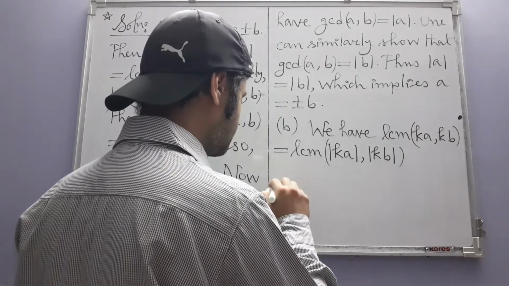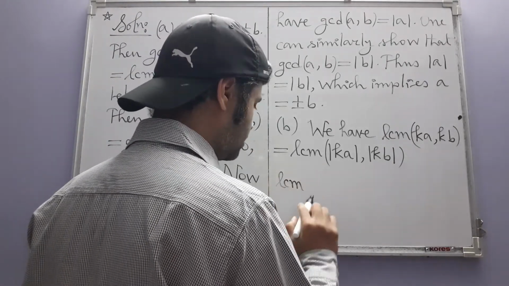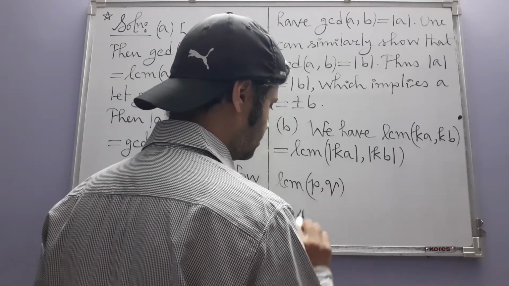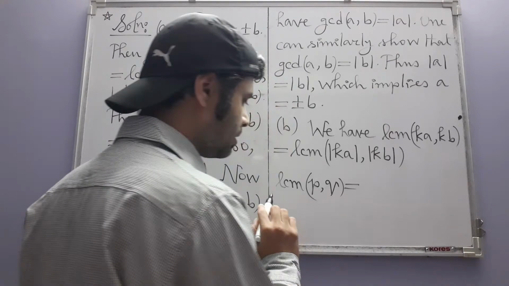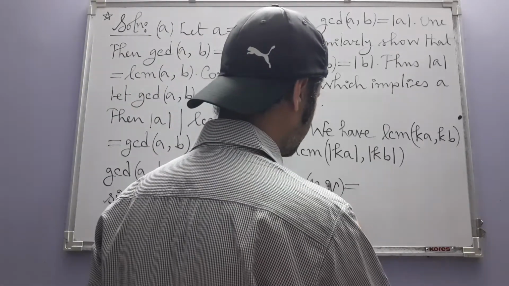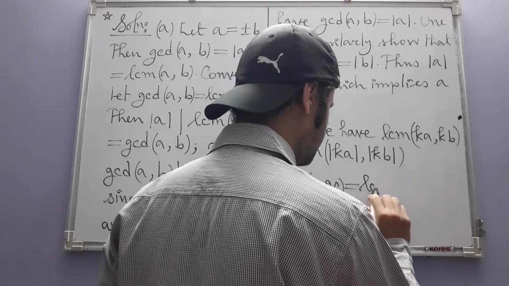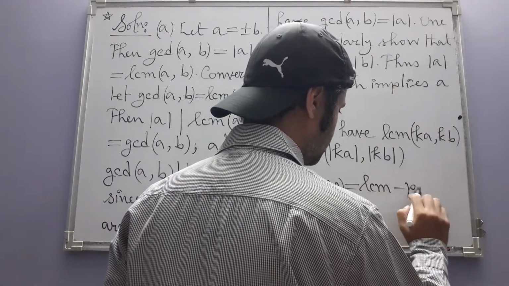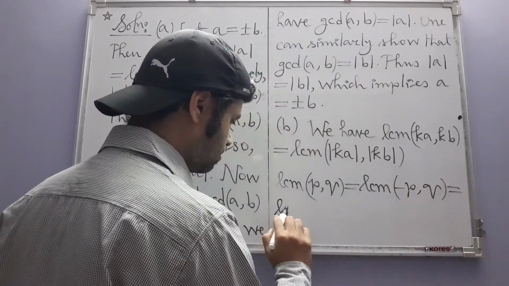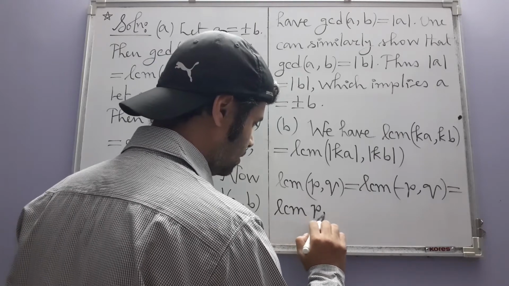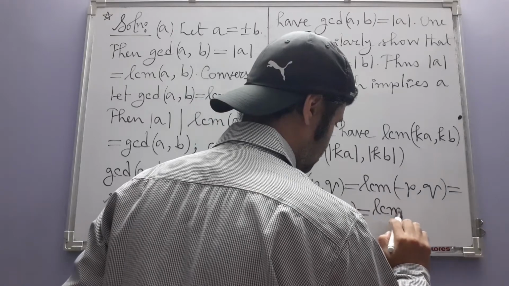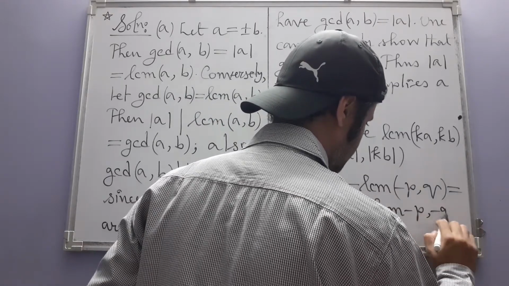In other words, if say you have two non-zero integers p and q, then LCM of p and q, because LCM by definition is itself a positive integer satisfying some conditions, is equal to LCM of minus p and q, which is equal to LCM of p and minus q, and that is equal to the LCM of minus p and minus q.